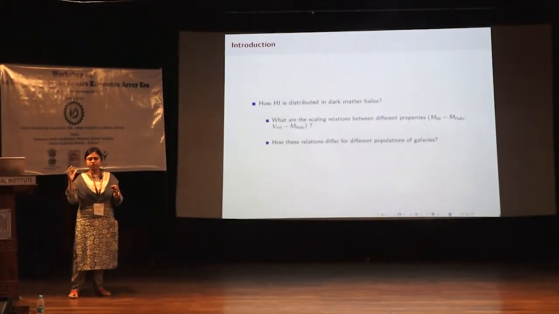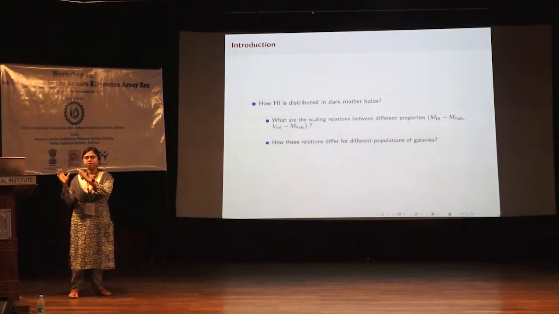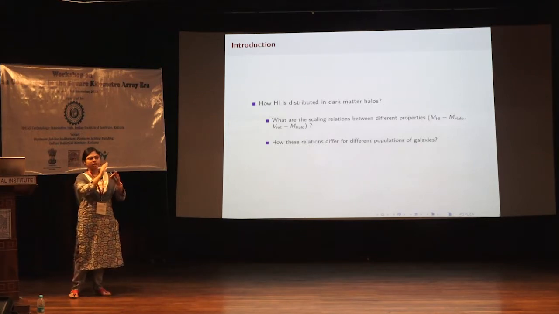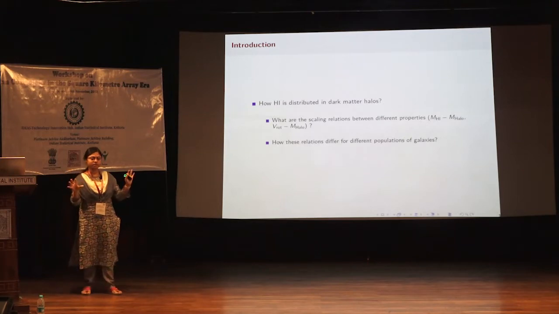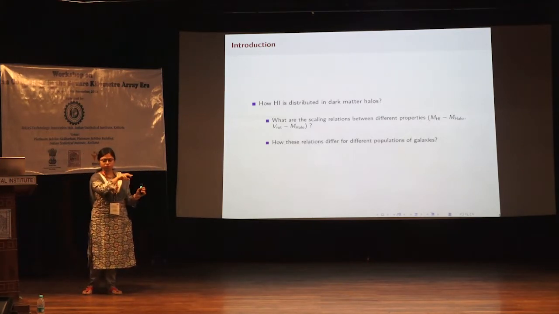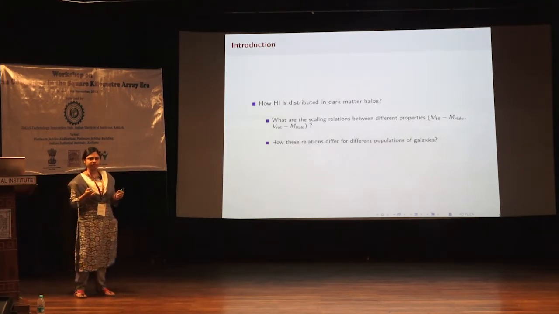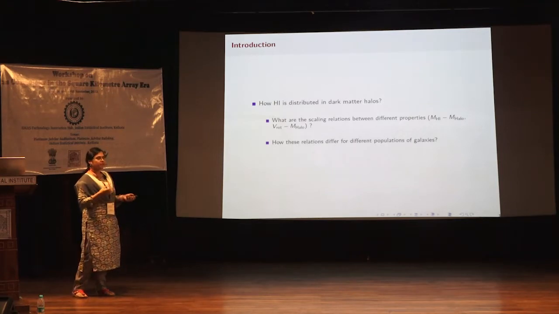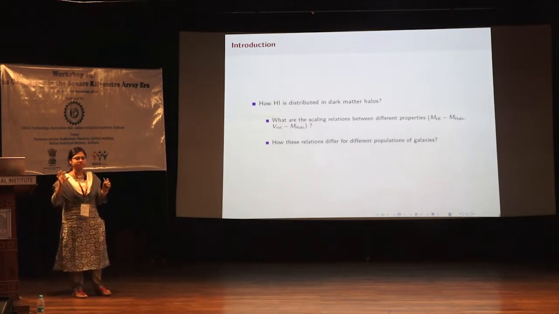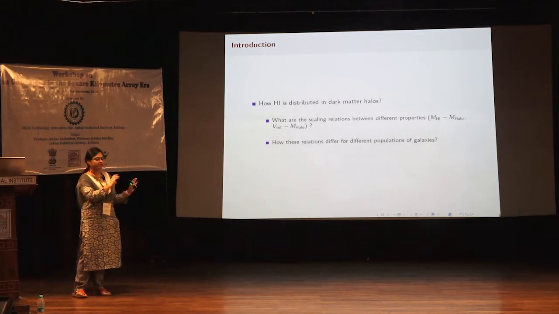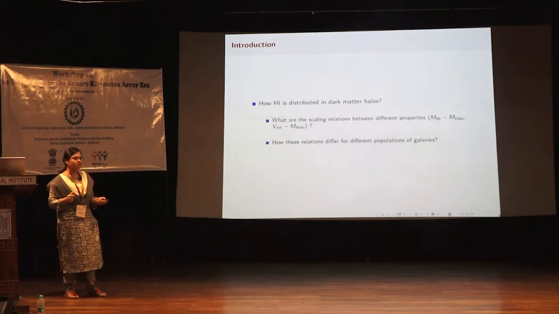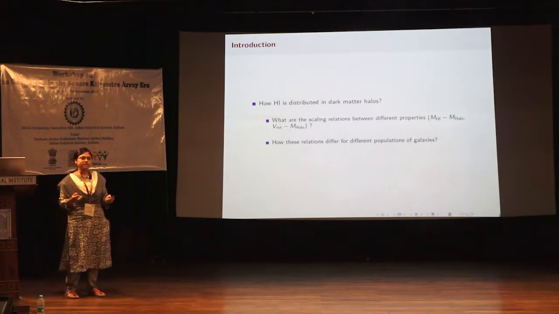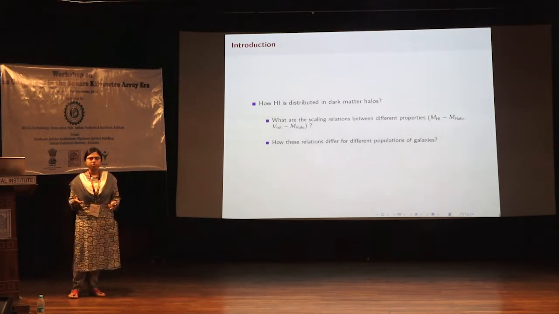So we are using the link between H1 and galaxies and halos, and we are trying to link H1 and halos using these two. Basically, we want to get the scaling relations between H1 properties and halo properties. And also, we would like to see whether these properties are different for different kinds of populations or not.